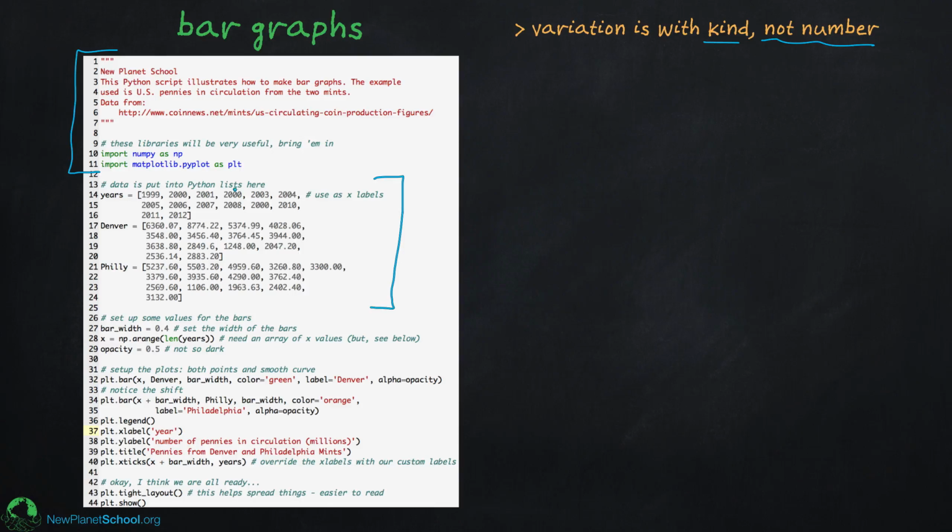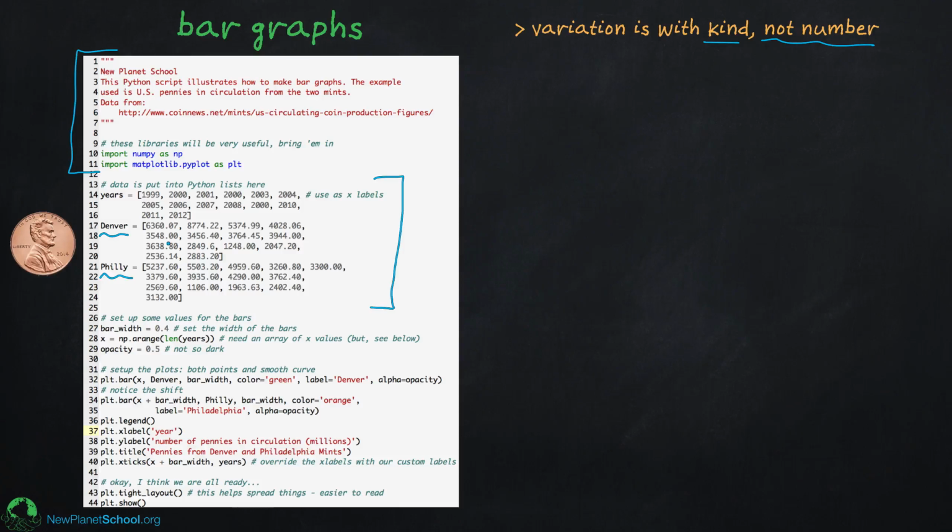Okay, so the example that I have here to make this bar graph is I went out to the web and got some data on pennies. And I looked at the production of pennies at the Denver Mint, where they make pennies, and the Mint in Philadelphia, where they also make pennies, as a function of the year that they made them. And I said, okay, what a fun thing.